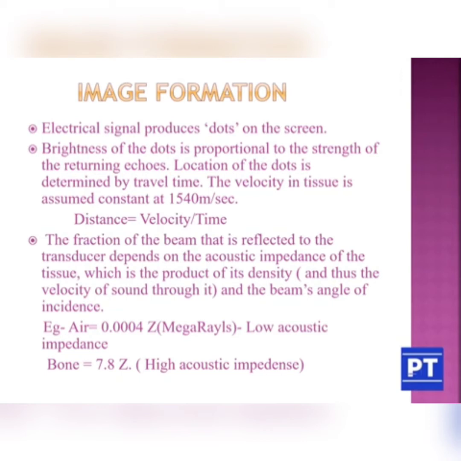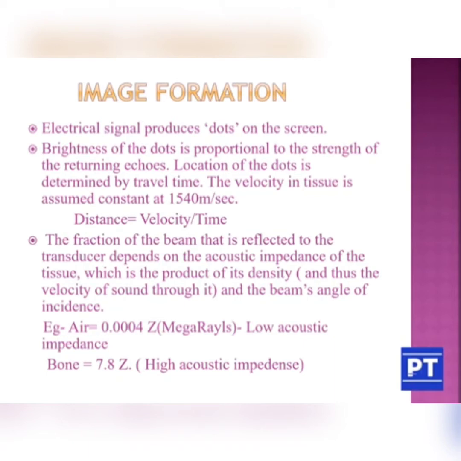The fraction of the beam that is reflected to the transducer will depend on the acoustic impedance of a tissue. So the sound waves are related to the acoustic impedance of the tissue, which is determined by the product of the density of the tissue and the velocity of the sound passing through it, as well as the beam's angle of incidence.